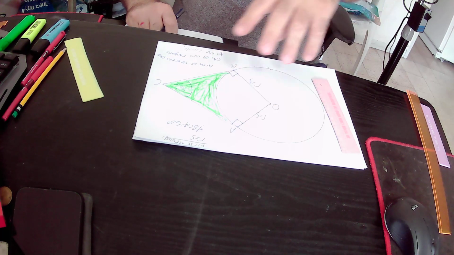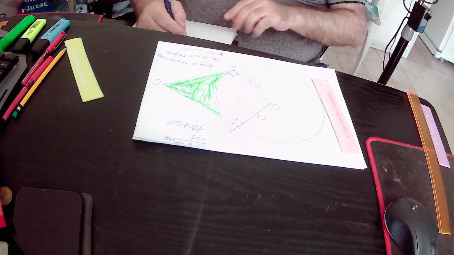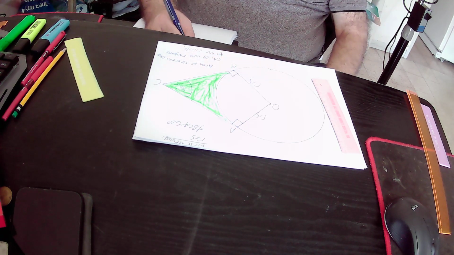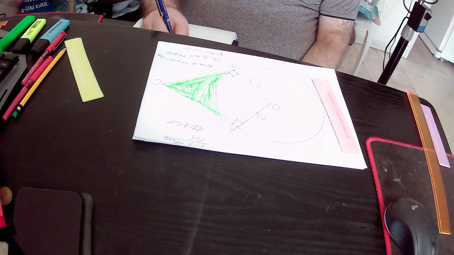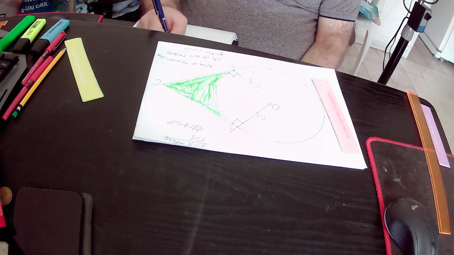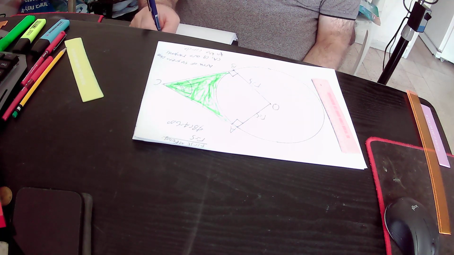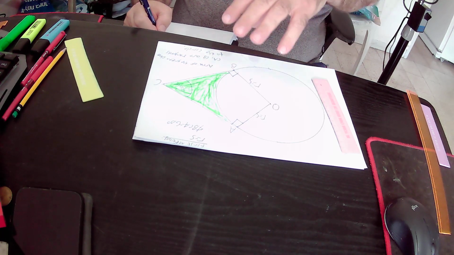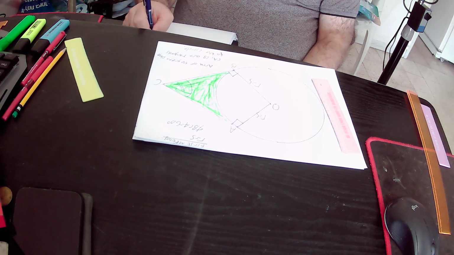So what are the angles of quadrilateral ABCO? The angles are, here it is 60 degrees plus 90 degrees plus 90 degrees plus this angle, that is angle AOB, so in total those four angles must be equal to 360 degrees.